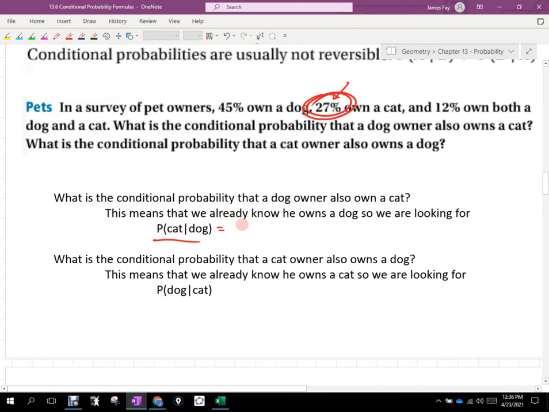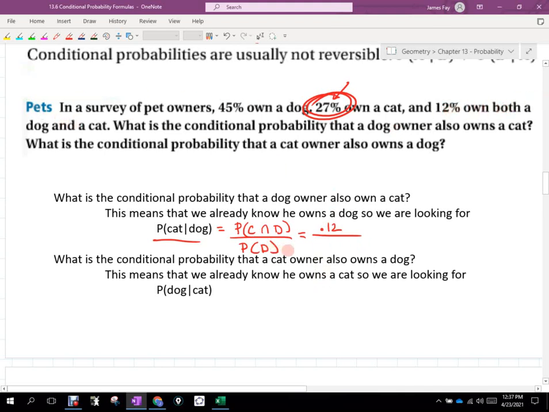So we're going to take the probability of people that own a cat and a dog, and we'll divide that by the probability of owning a dog. What's the probability to own a cat and a dog? It's 12%, right? So 12% own both dog and cat.